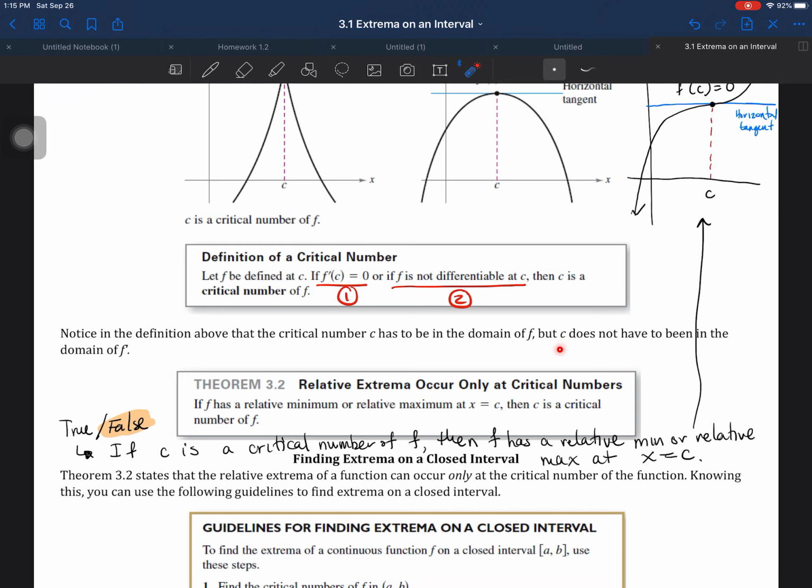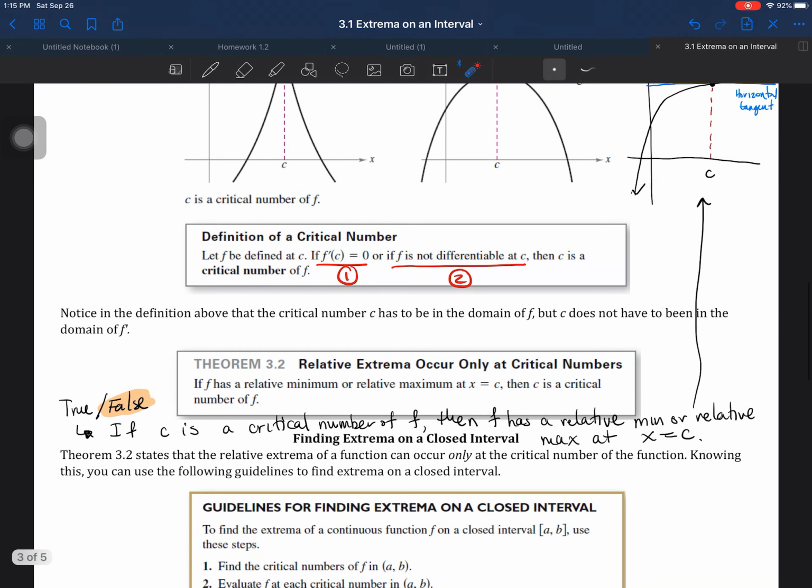If C was not part of the domain of f, then C will not be a critical number. A critical number needs to be part of the domain of f. Now, C does not have to be in the domain of f prime.